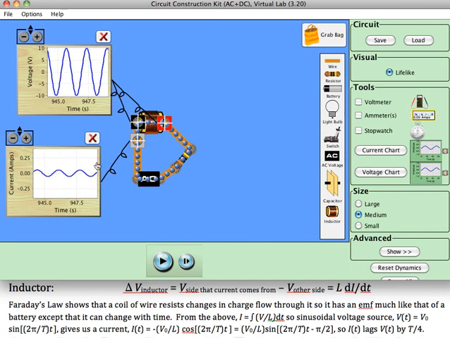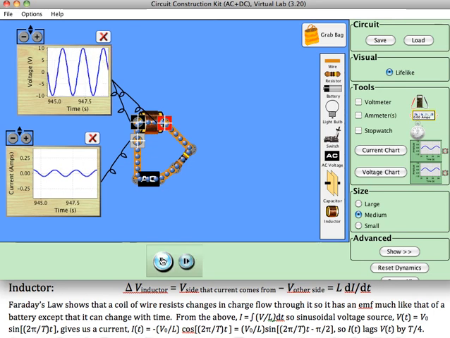And what do we have? 0 current. And the maximum of the current shows up a little later. You can go through the mathematics and find out that the current lags the voltage by a quarter of a period in an inductor.